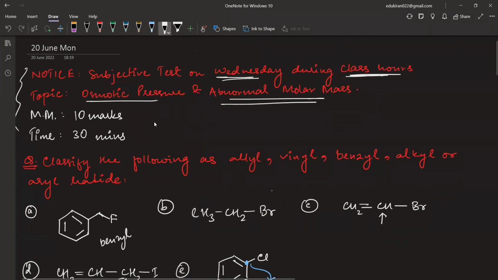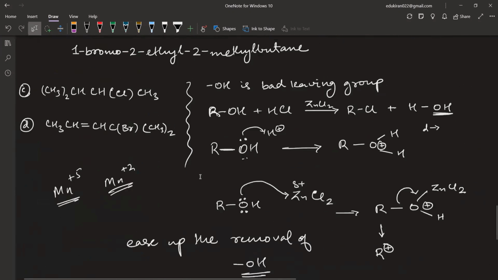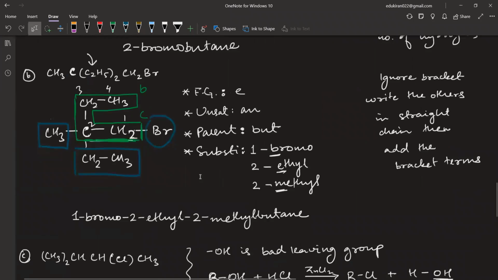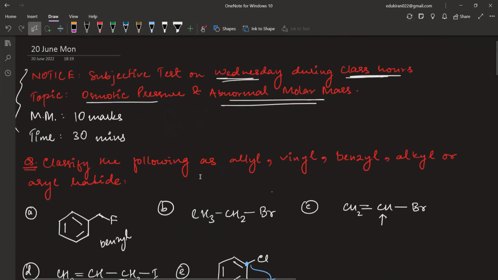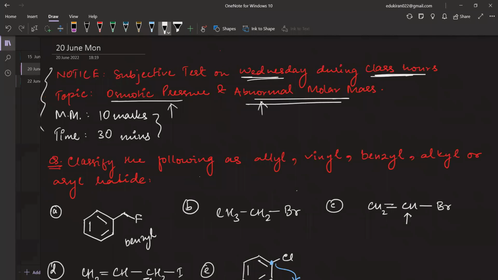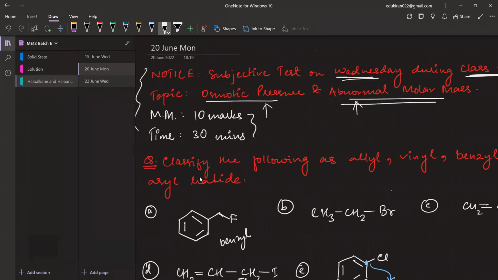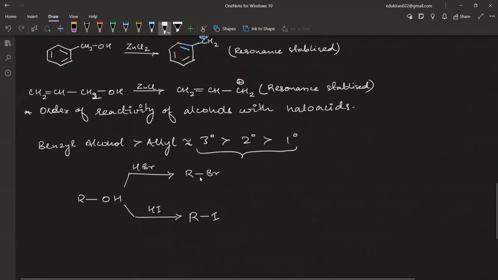See, starting में ही हमने कहा था, and then at the end also I told. Subjective test on one day, Wednesday during class hour. Topic will be osmotic pressure and abnormal molar mass. 10 marks for 30 minutes. It will be right now. Yep, right now.